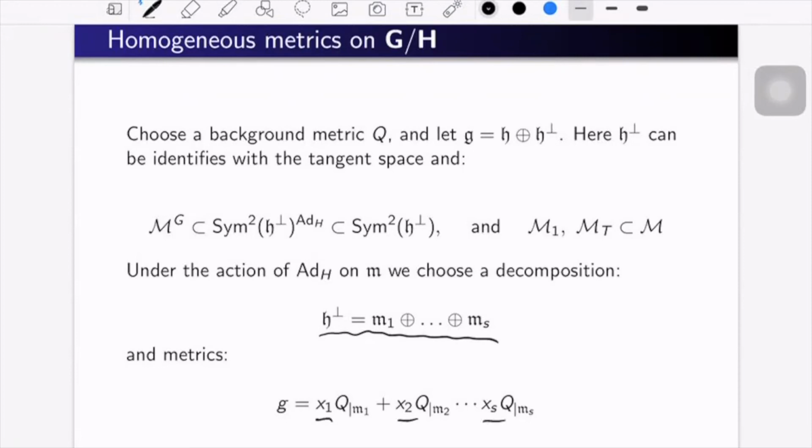Typically, choose any H-invariant background metric and scale the metric with respect to some variables on each one of those. So I get an S-parameter family in the space of metrics. In general, things can be more complicated, because the space of metrics looks like this only if these summands are all inequivalent, which typically is not the case. But this is the simplest kind of situation.